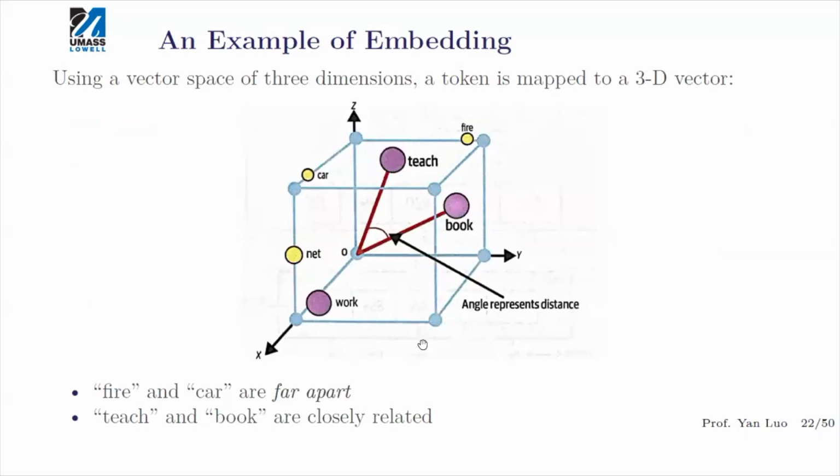Okay, so what do we mean by that? We use this vector space of 3 dimensions to explain why a single number, or one-dimensional representation, is not enough. If we have this example, 3 dimensions x, y, and z, let's say each of these circles is a token that we get from the tokenization process.